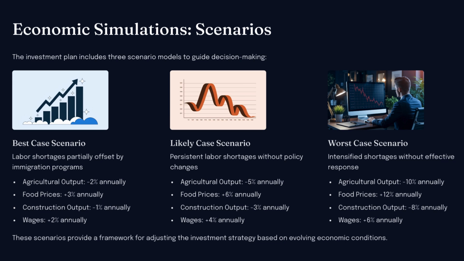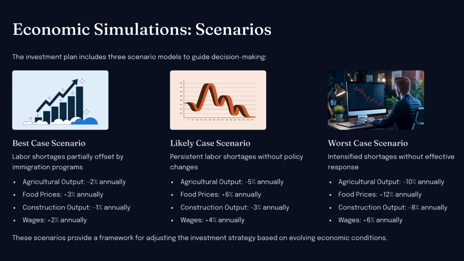Then in the worst case, labor shortages intensify, agricultural output drops by 10% annually, and food prices skyrocket by 12% annually. In a world where geopolitical tensions, supply chain disruptions, and inflation concerns are already heightened, the likelihood of seeing significant economic shifts is high. In other words, you can focus less on the percentages we provided and more on the trends.